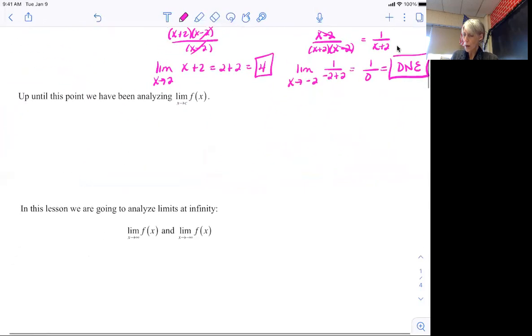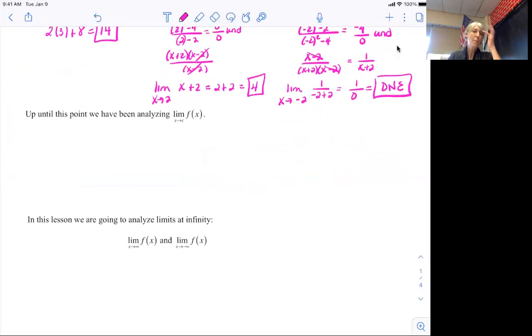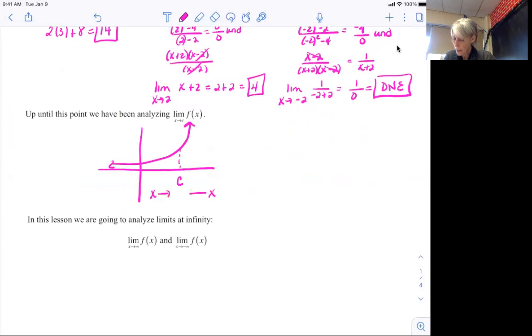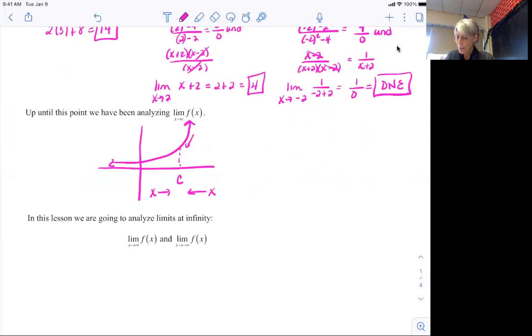Okay. So up until this point, we have been analyzing the limit as x approaches c of f of x, meaning as x approaches some number c, what is happening to the graph of my function.